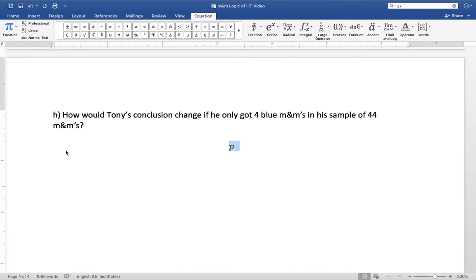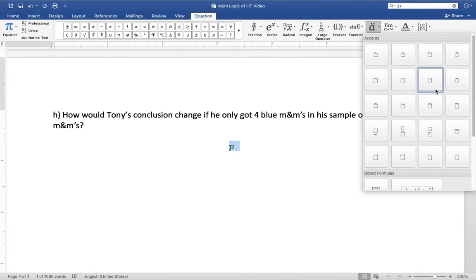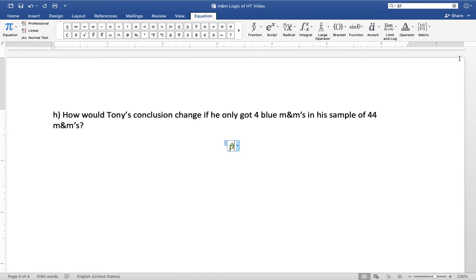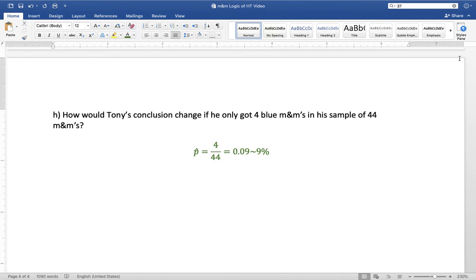4 of those M&Ms, p hat would be 4 out of 44, which was about 9%. Okay, so this is your 9% sample proportion. Well, we would take a look at that and we would look at the distribution.